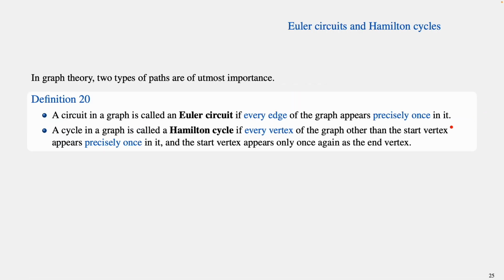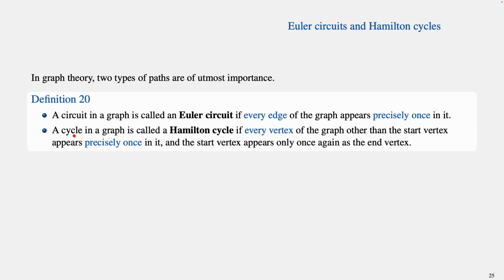Now I should not forget to mention two of the most important properties in the theory of graphs, namely these two important types of paths. A circuit in a graph is called an Euler circuit if every edge of the whole graph appears precisely once in it.